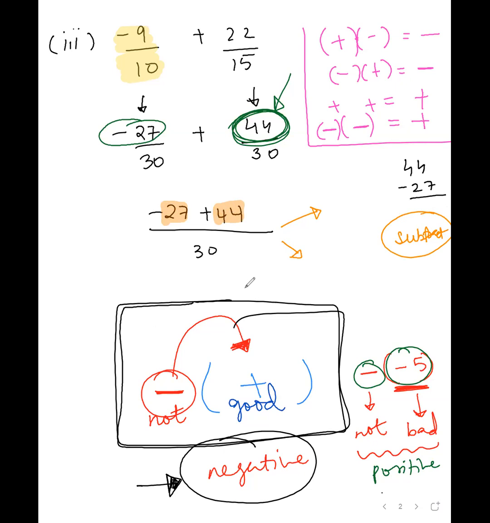But when you are looking only at the number without its sign, that's called the magnitude. So right now, just focus on subtracting both of them. Bigger number minus the smaller number, no matter what the sign is. So 44 minus 27. Then whatever number we get after subtracting them, in front of that number we will put the sign of the larger number. Remember?